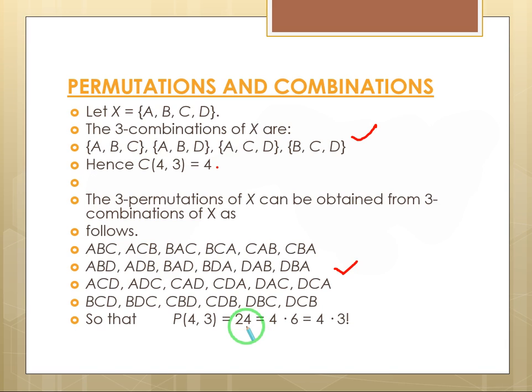Okay, and 24 can be obtained like 6 multiplied by 4, and we can also use 4 times 3 factorial as well. 3 factorial means that we have a total number of elements 4, and how many possible ways to arrange, which was 3 factorial based on 3 combinations, so that's called 3 factorial. Okay, so this was about the comparison of permutation and combination.